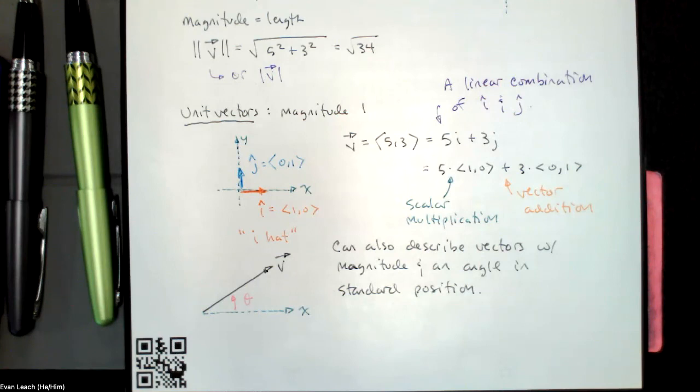Thinking back to trigonometry, an angle in standard position and a magnitude is polar coordinates.